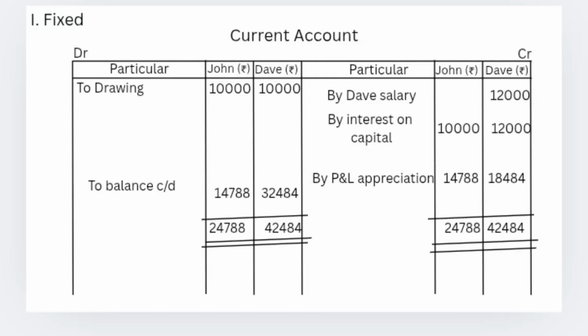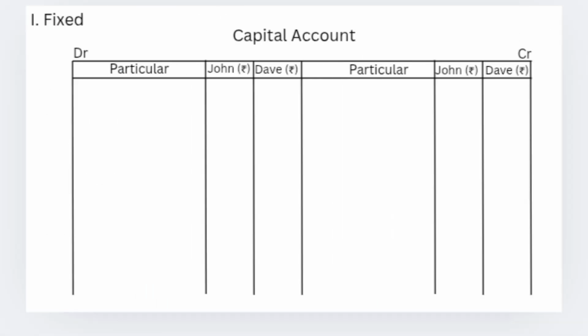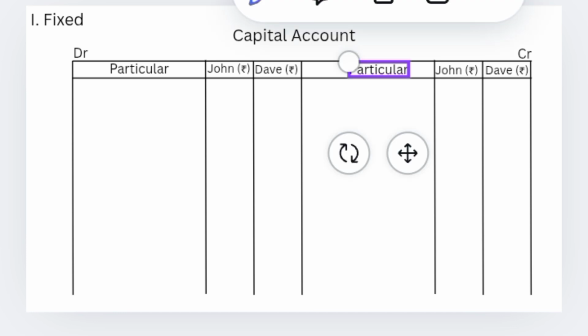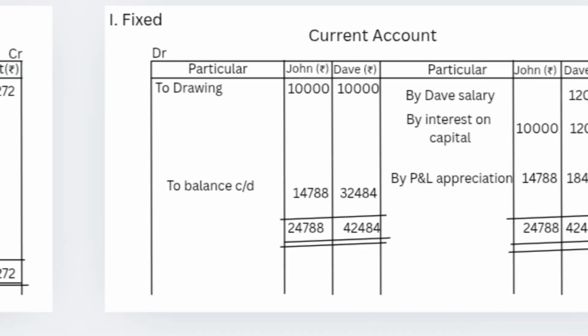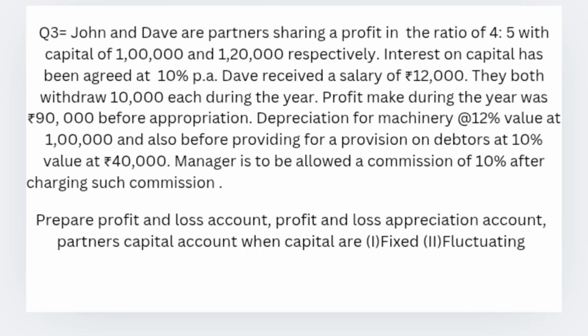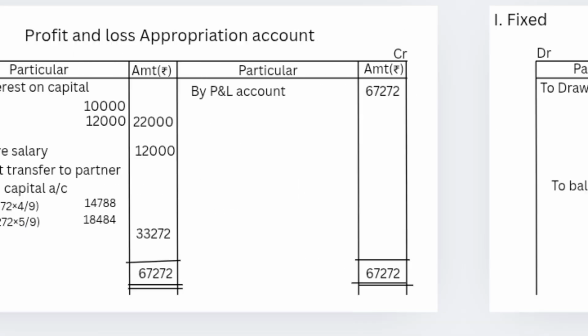After we get the amount from the current account, now we prepare the capital account. The first item in the capital account will be the balance brought down, which is 1 lakh for John and 1 lakh 20 for Dave. So we'll write.